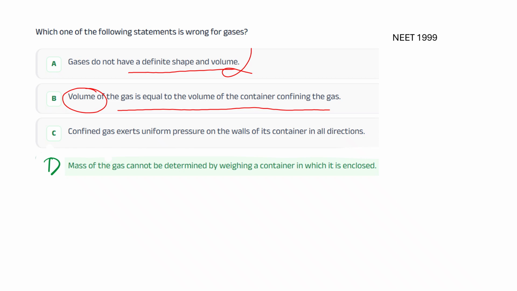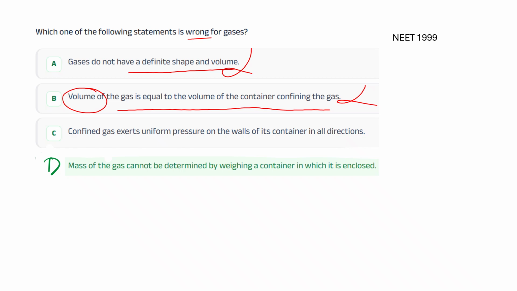If I store a gas in a container, the volume of the container is the volume of the gas. This option is true, but it is not the answer because they are asking for the wrong statement.